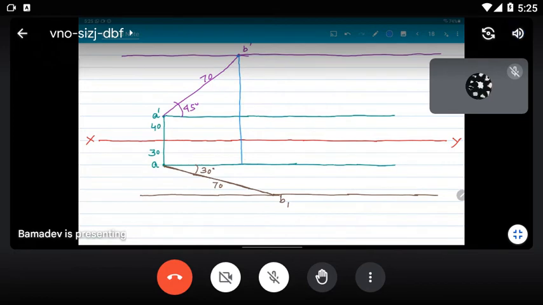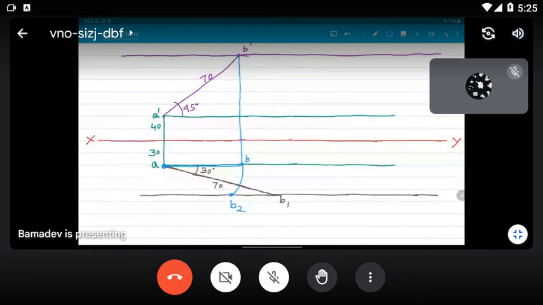Say this is B. Take A as center, AB as radius. Make an arc here, which will cut at B2. Okay.